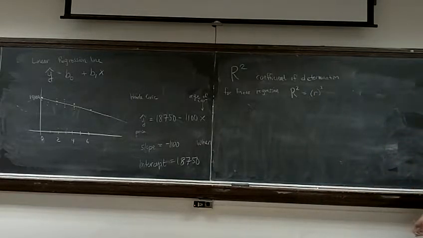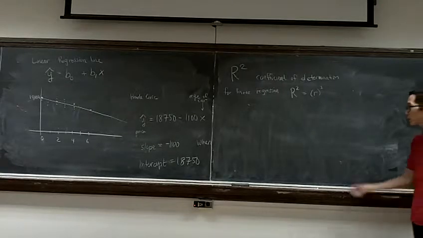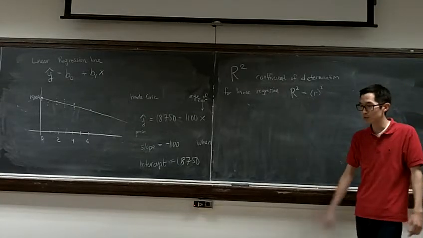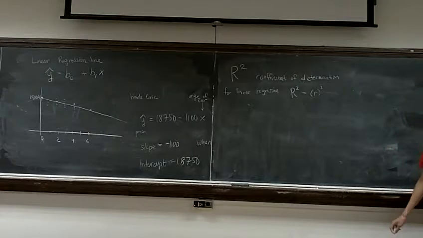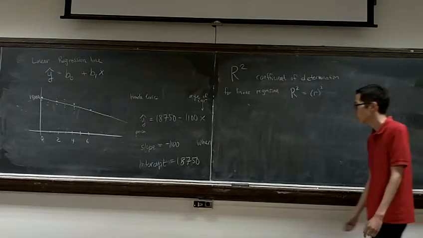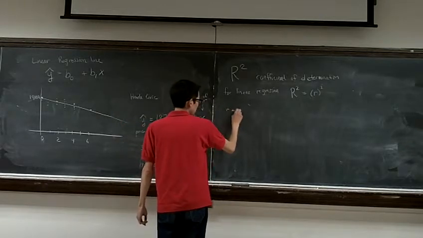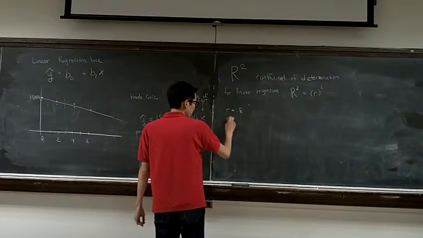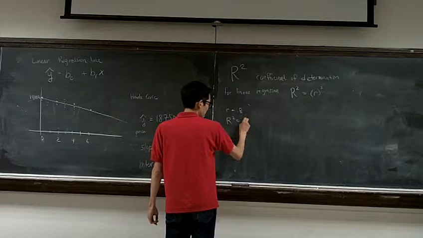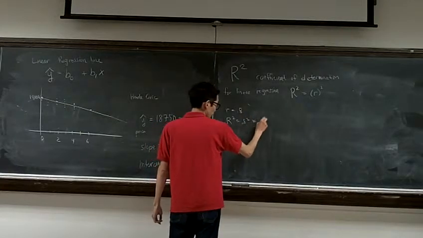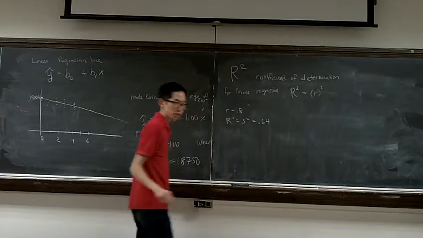For other regression, that's not the case. But for linear regression, big R squared equals little r squared. So in our last example, where r is equal to 0.8, then big R squared would equal 0.8 squared, or 0.64.